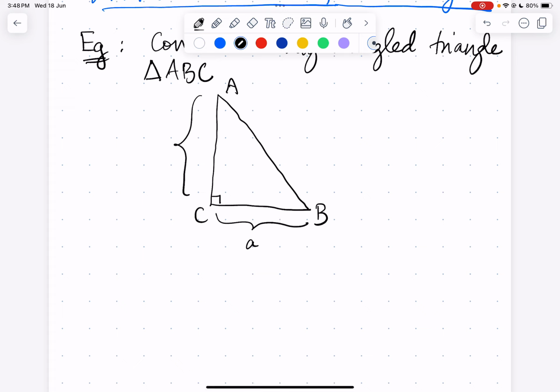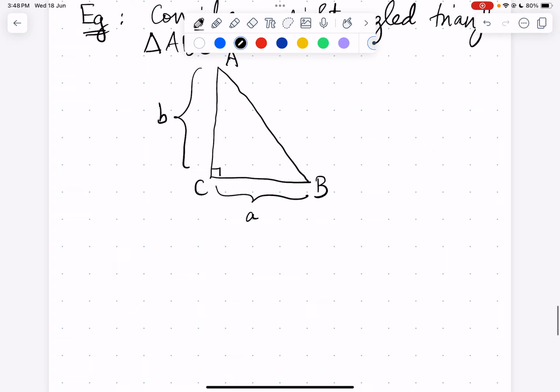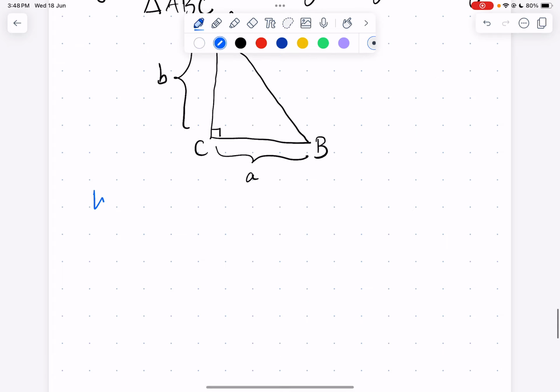The side opposite to angle A, we can suppose it has length A, and the side opposite to angle B, suppose it has length B. Okay, now we can ask the same question. What is the area of the triangle? What is the area of triangle ABC?